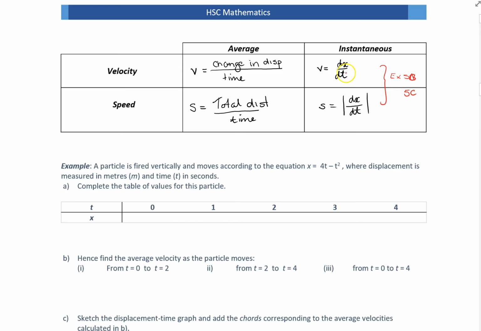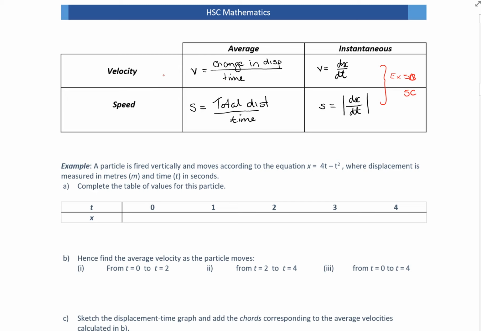So for instantaneous velocity, you're going to differentiate displacement with respect to time, and the only change for instantaneous speed is to take the absolute value. But there'll be a whole lot more on that for the next two exercises. But for now, we're going to focus on displacement, distance, time, velocity, speed, average.